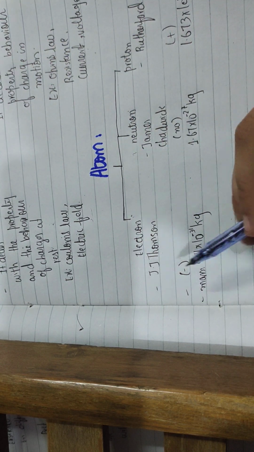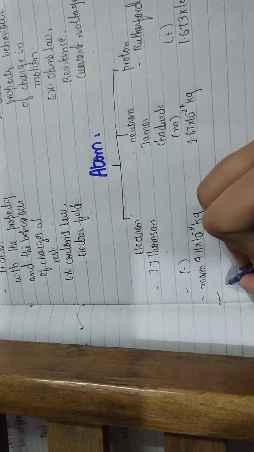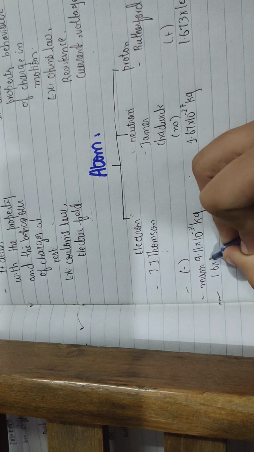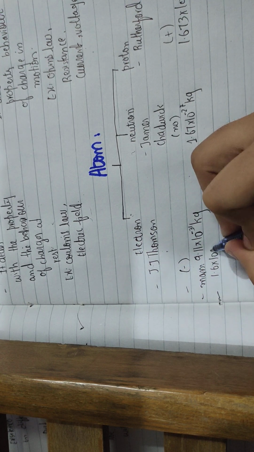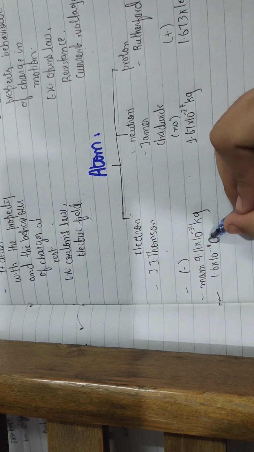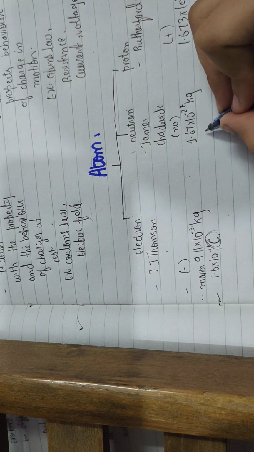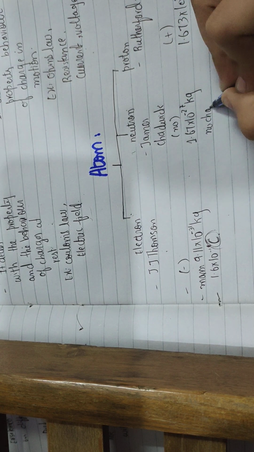We're going to discuss the electron and proton. The electron contains a charge of 1.6 times 10 to the power minus 19 coulomb. Coulomb is the unit of charge. The neutron has no charge, of course.